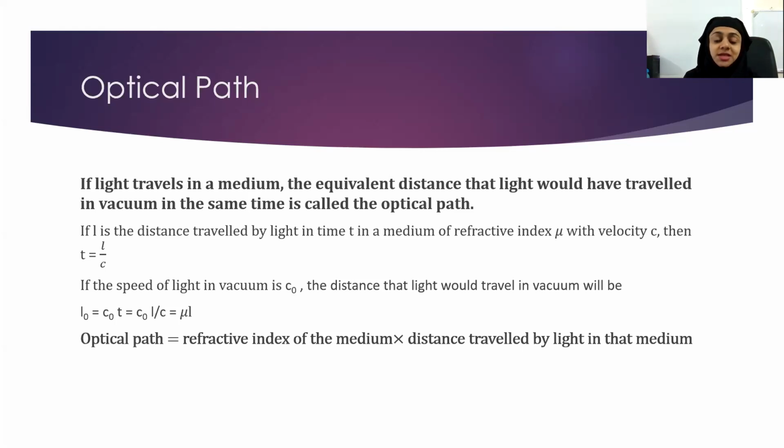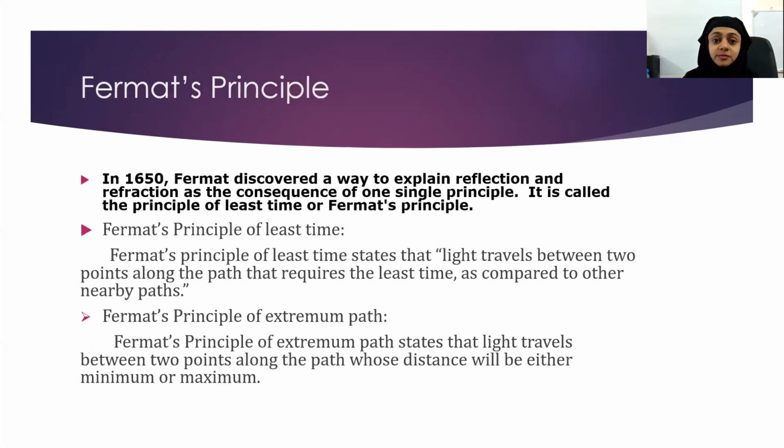Okay. Now let us see what is Fermat's principle. Fermat is the name of a scientist. This will be new to you. In 1650, see how old it is. In 1650, geometrical optics is old.